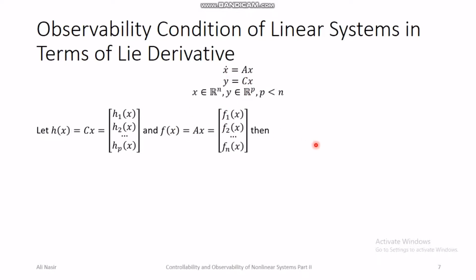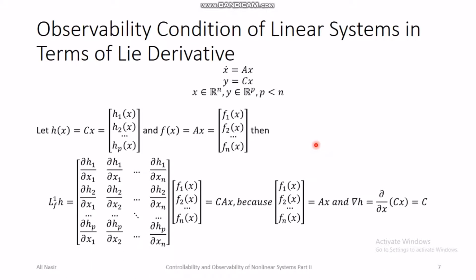If we define h of x and f of x in this manner, then the first order Lie derivative of h with respect to f would involve partial h1 by partial x1, partial h1 by partial x2, then partial h1 by partial xn, and similarly partial h2 by partial x1, partial h2 by partial x2, and so on, partial h2 by partial xn, and so on.